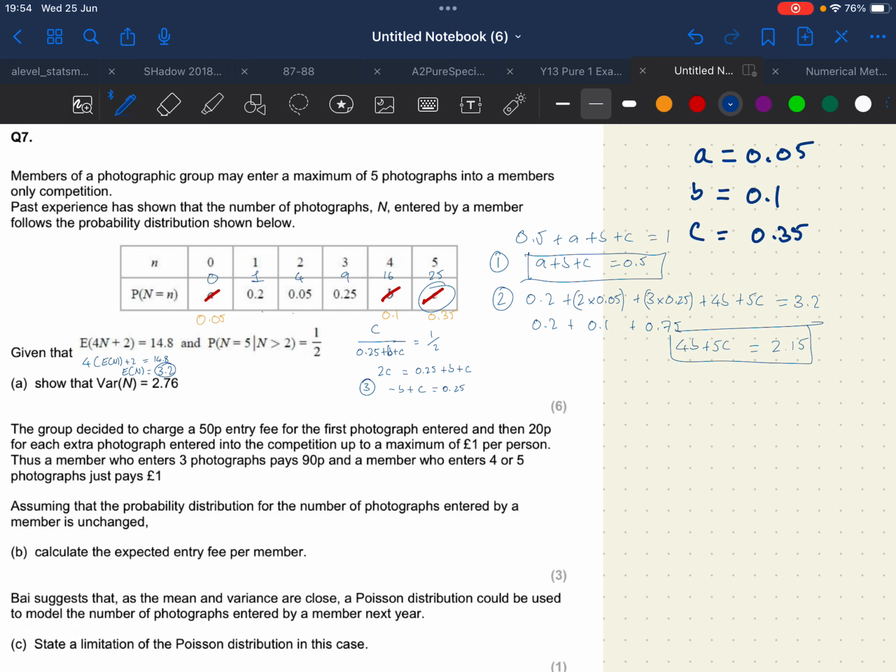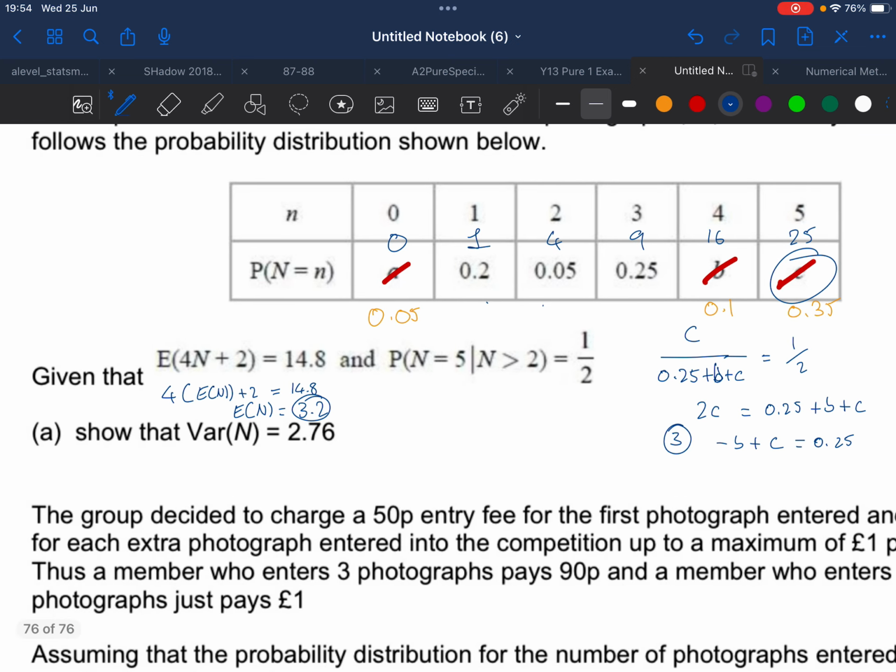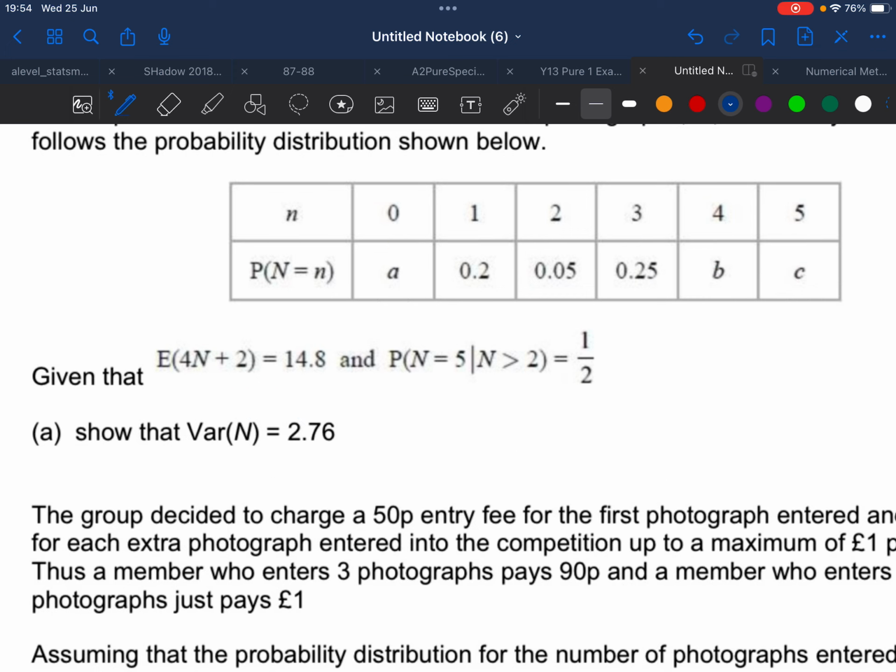So the expected value of n squared is going to be a case of doing 1 times 0.2 plus 4 times 0.05 plus 9 times 0.25, 16 lots of 0.1, 25 lots of 0.35. And all of that together is 13.